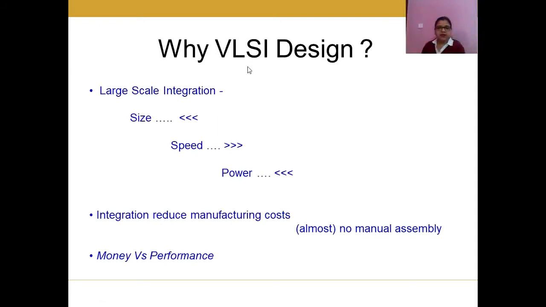If I compare with VLSI, then the size is much smaller. We have come to that much of an advancement. Speed is increased many folds. Power is reduced drastically. So these are the factors for why VLSI design, because these are the three concerns of the users, customers and consumers.